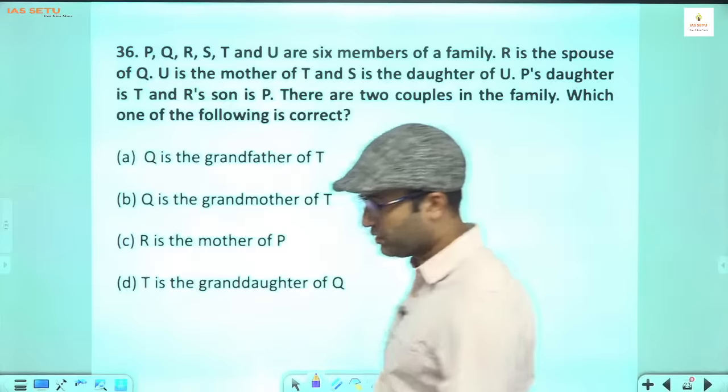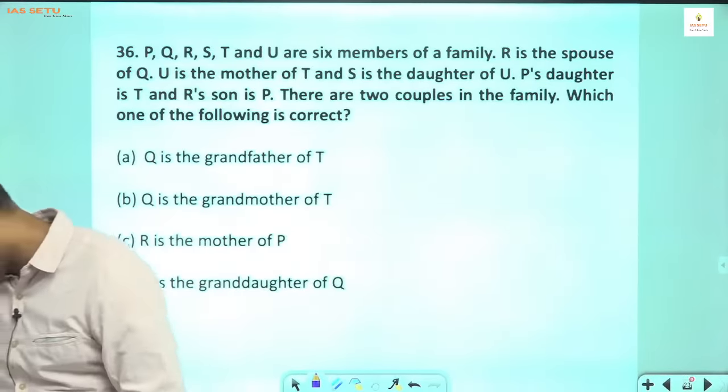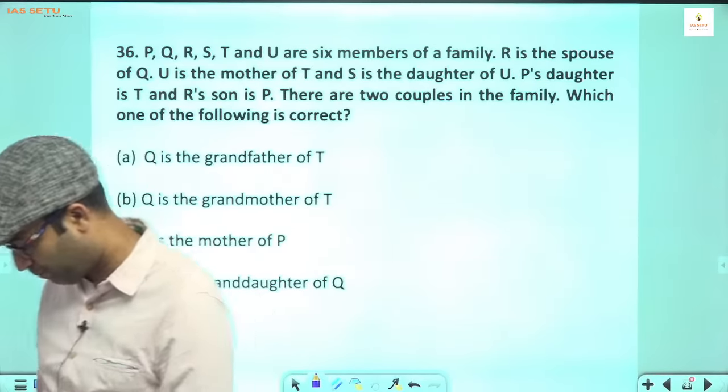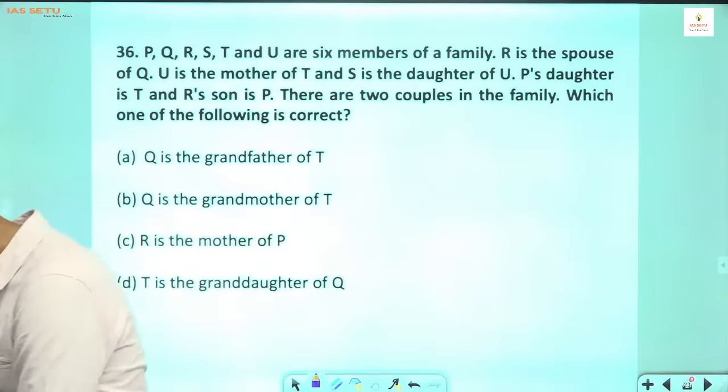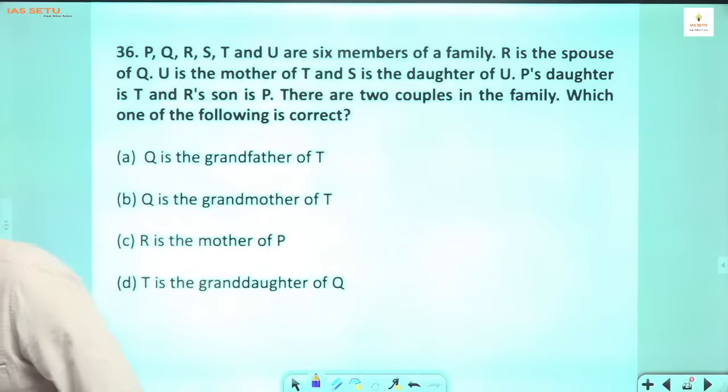Next is question number 36. P, Q, R, S, T, U are 6 members of a family. Okay, this is a blood relation question, but not that difficult.